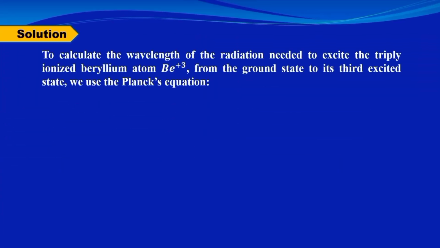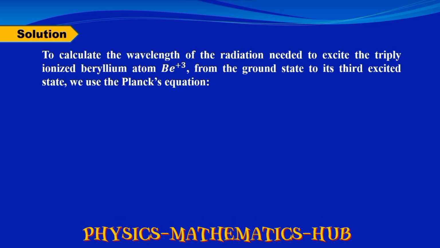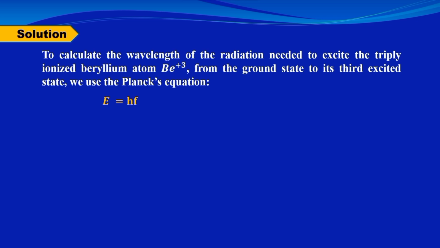So let's start solving. To calculate the wavelength of the radiation needed to excite the triply ionized beryllium atom from the ground state to its third excited state, we use Planck's equation, which is E = hf, where E is the excitation energy, h is the Planck constant, and f is the frequency of the radiation.